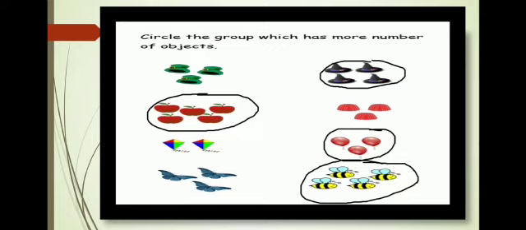Now see the next picture. Tell me which group has more number of objects? Count and tell me. Yes, the number of apples are more as compared to the number of jellies. So you can circle the number of apples.